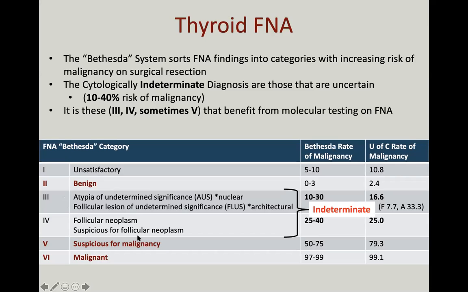So if you read text in the cytology reports, atypia of undetermined significance, follicular lesion of undetermined significance, follicular neoplasm or suspicious for follicular neoplasm, these are the so-called cytologically indeterminate categories that may require repeat biopsy, molecular testing, or diagnostic lobectomy. When it's suspicious for malignancy or malignant, these tend to have very, very high rates of malignancy on surgical resection. So generally these go straight to surgery.